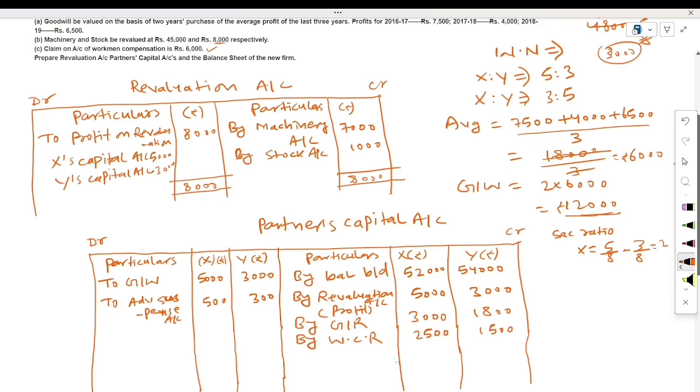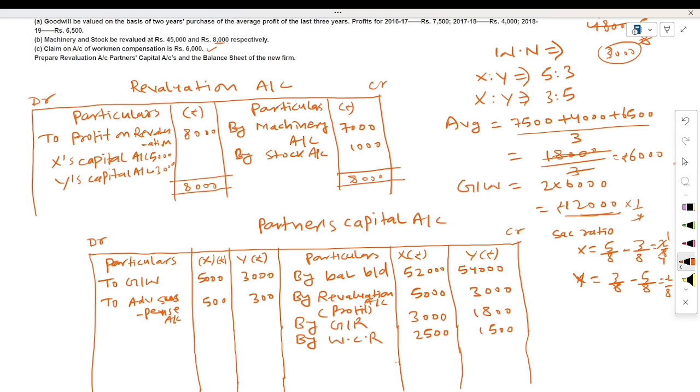It means 2 upon 8 will be the sacrificing ratio for X, and what would be for Y? 3 upon 8 minus 5 upon 8, minus 2 by 8. So the goodwill value will be here how much? 3,000 for X and 3,000 for Y.